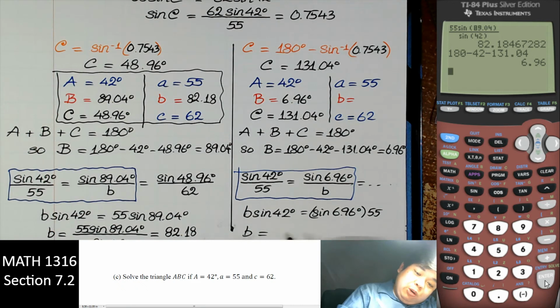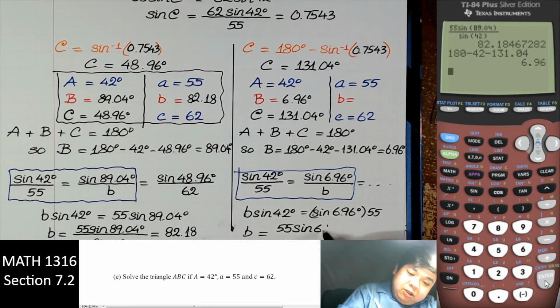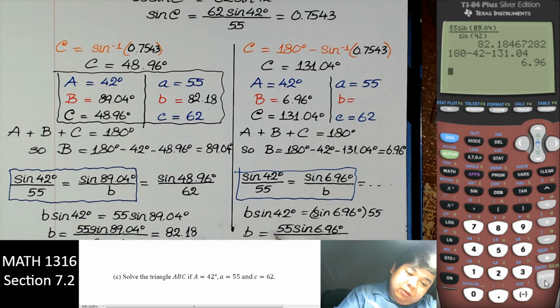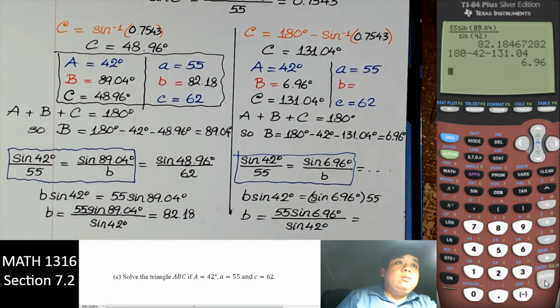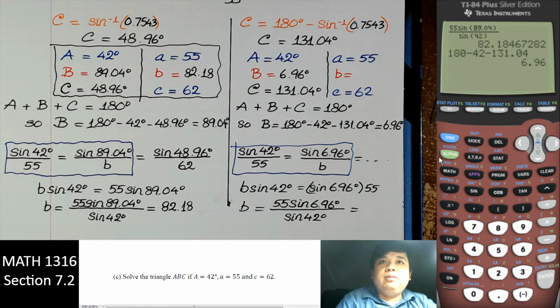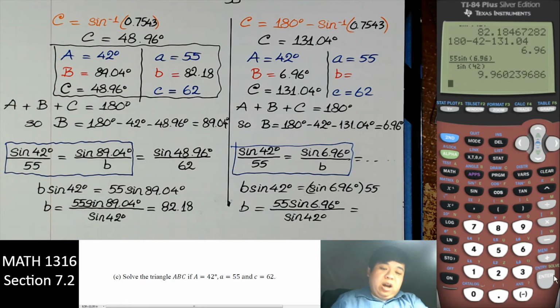So b equals 55 sine of 6.96 over sine of 42, which is 9.96.